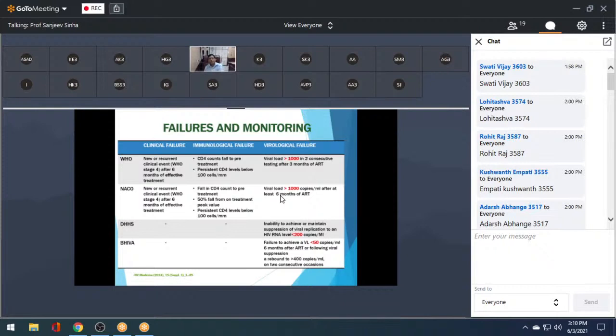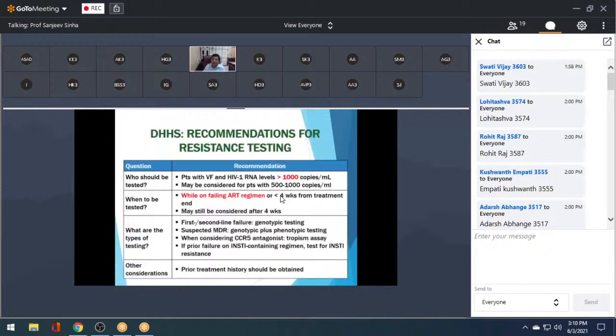So there has to be either one or all kinds of failure. Then we say the patient is under ART failure, and we can do the HIV resistance testing if it is available, and we have to start a new regimen as per the resistance testing reports.